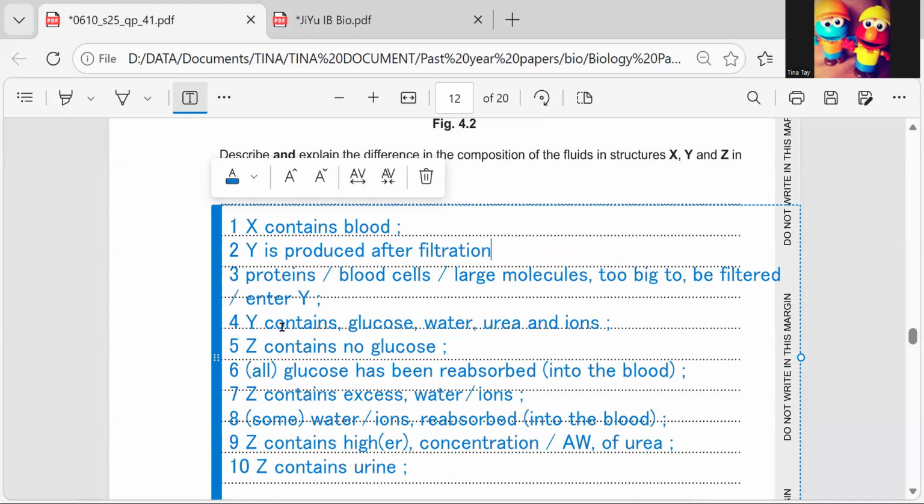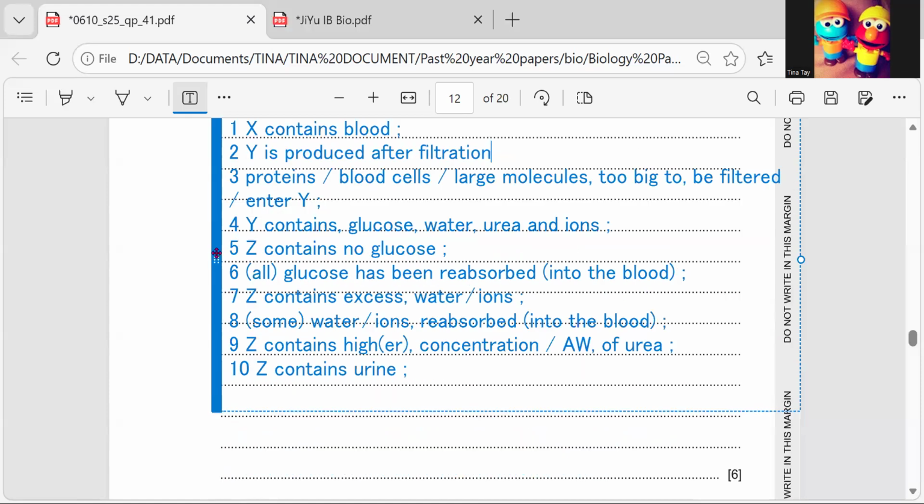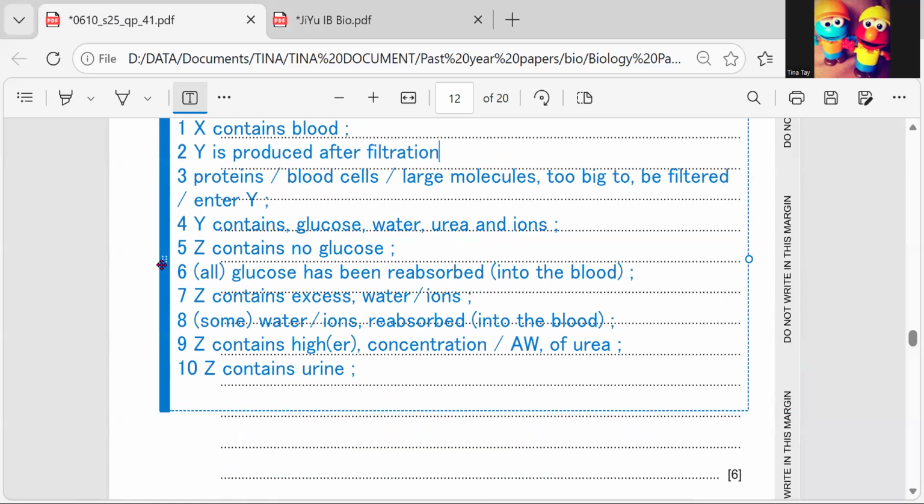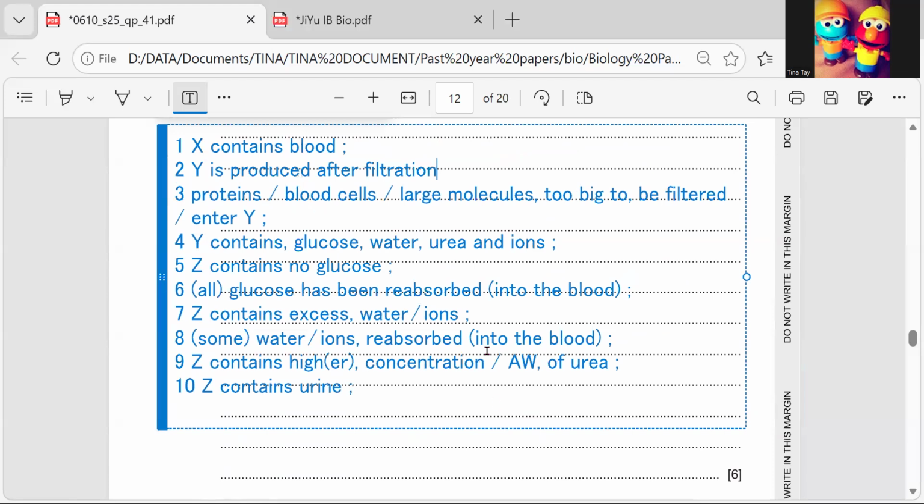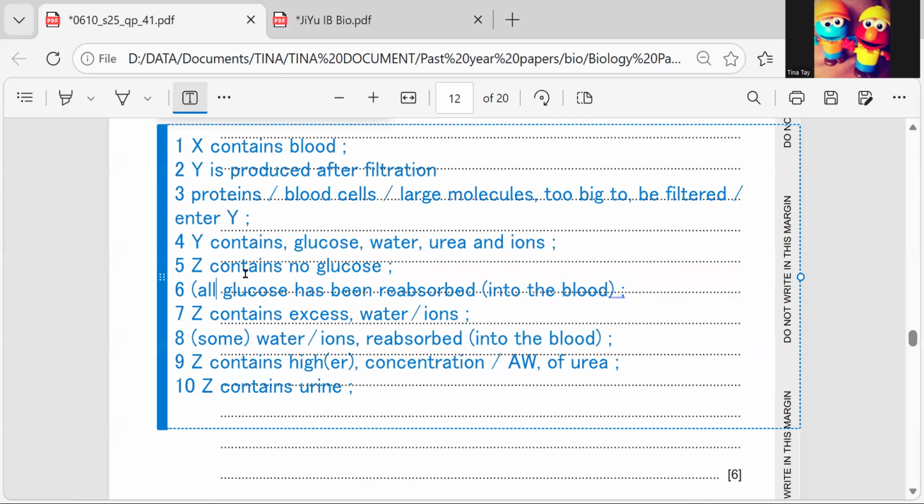So Y contains glucose, water, urea, and ions, basically what is used to form your urine. Z contains no glucose because all the glucose has been reabsorbed by active transport. Z is urine. It contains excess water and ions, and has a higher concentration of urea.